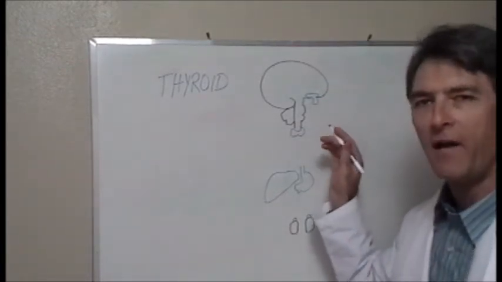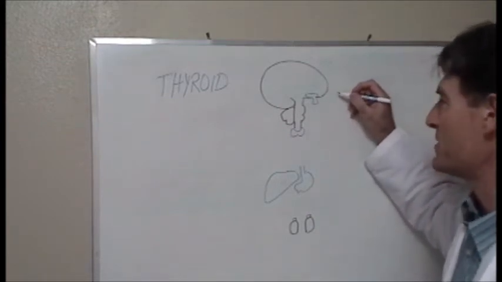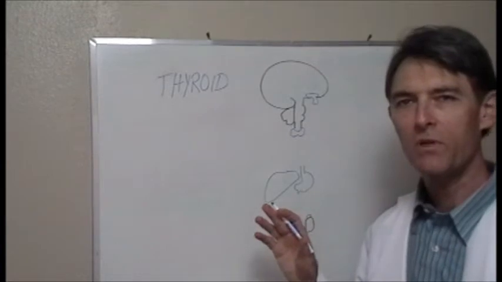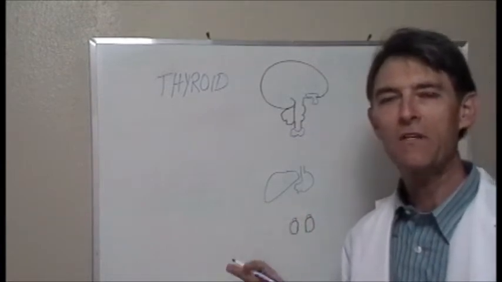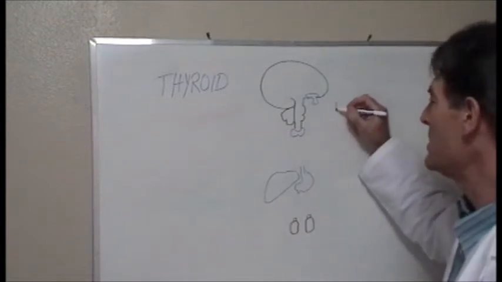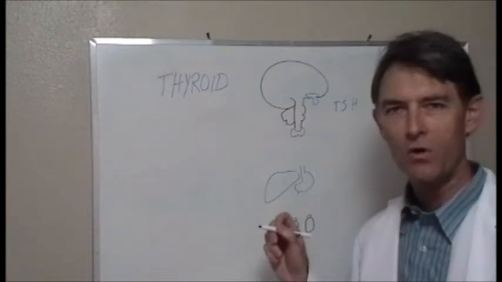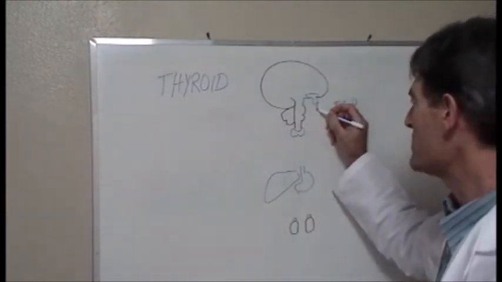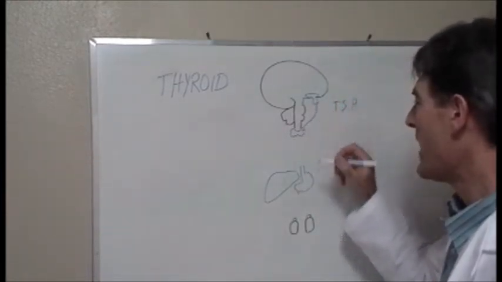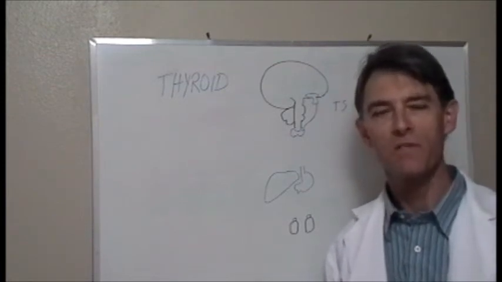So in the case of thyroid, the hypothalamus produces a hormone, a thyroid releasing factor, to tell the pituitary to release TSH, thyroid stimulating hormone. That travels down and tells the thyroid to make thyroid hormones for the rest of the metabolism.